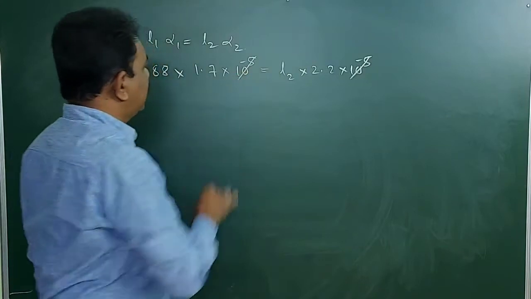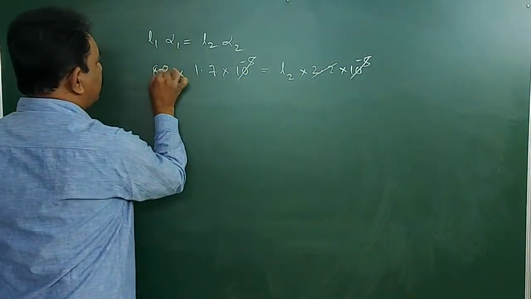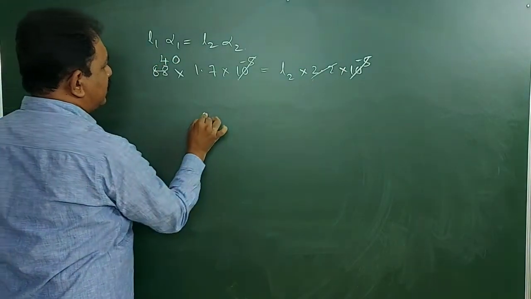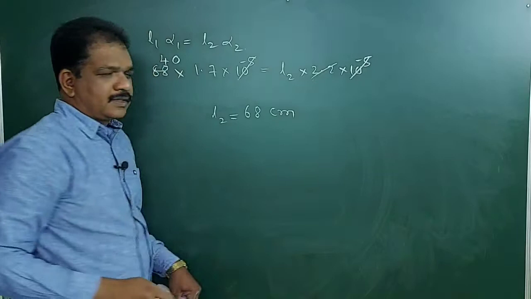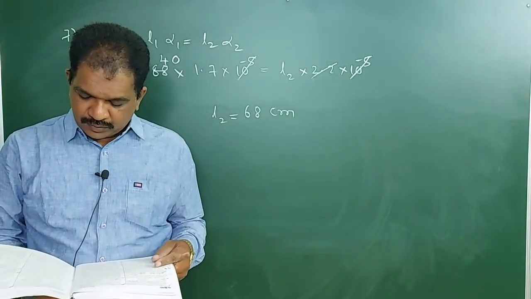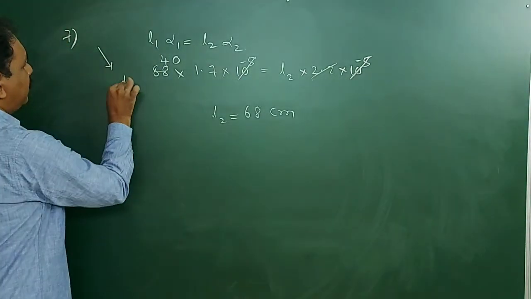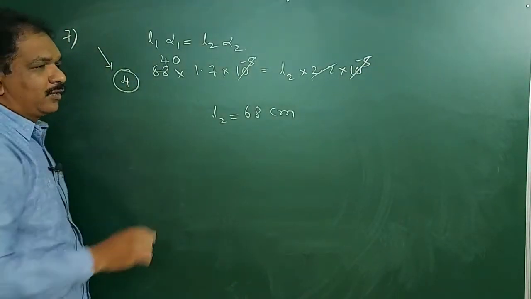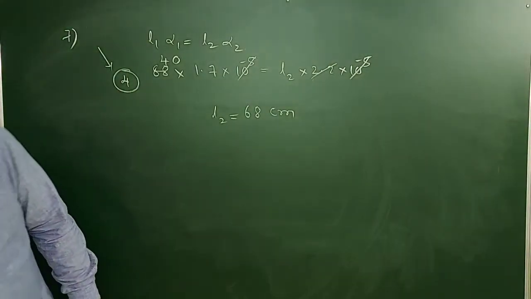The 10 power minus 5 will cancel. L2 is equal to 68 centimeter. Okay, so 7th question, it will be 4th option. Next, question number 8.